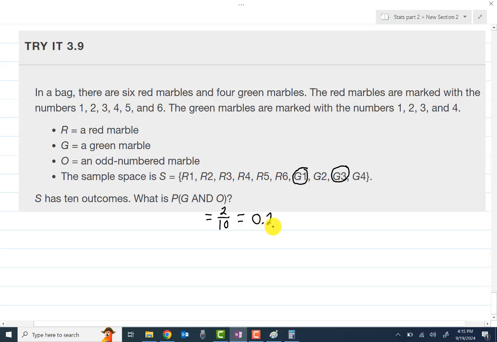But now let's see if they're independent. The option of getting a green or an odd, I think you can see that it's not going to be that way. The probability of a green times the probability of an odd. Let's see what that is. The probability of a green was 4 out of 10, and the probability of an odd is 5 out of 10. Let's see what happens.